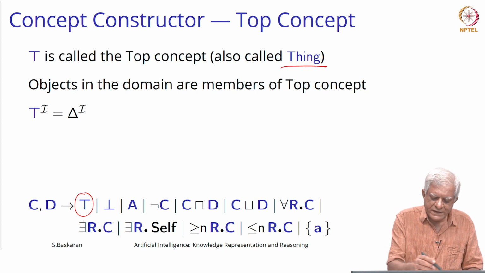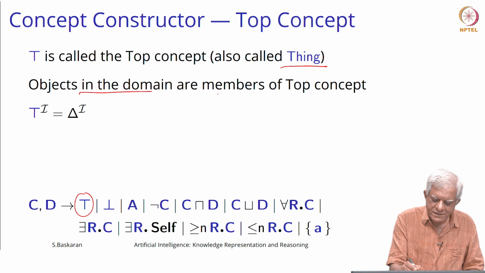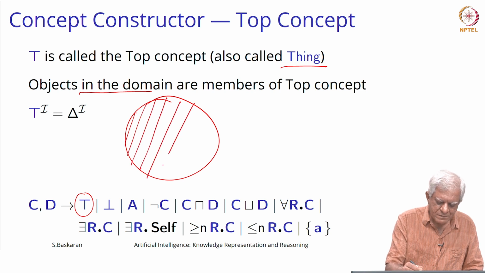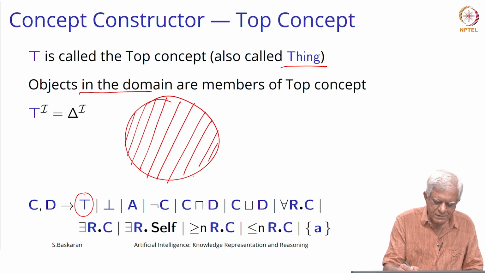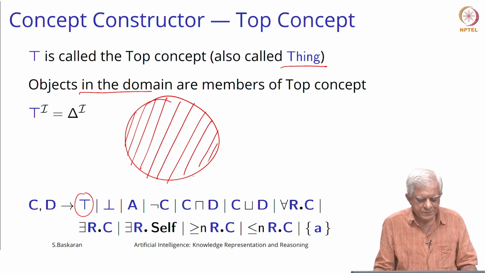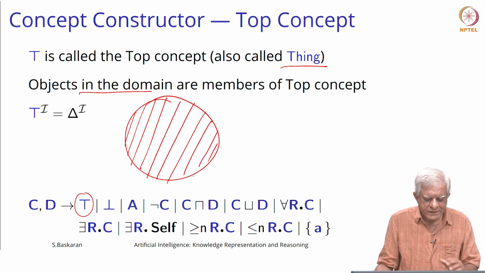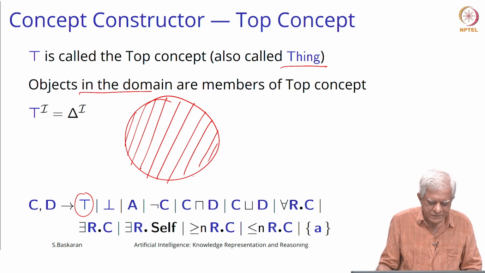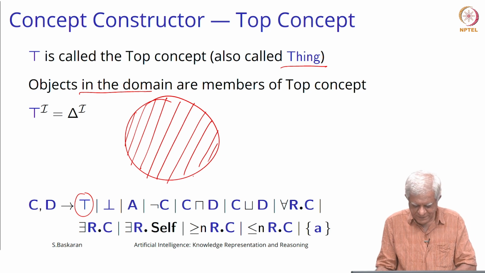And everything in the domain is members of the top concept. So, it basically defines the whole domain. Everything is included in the top concept, all elements.